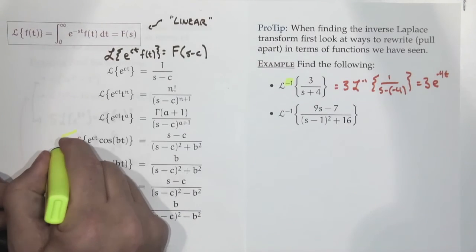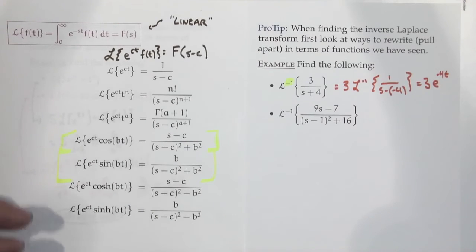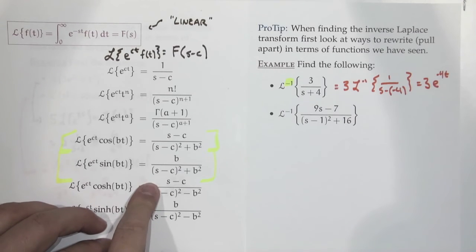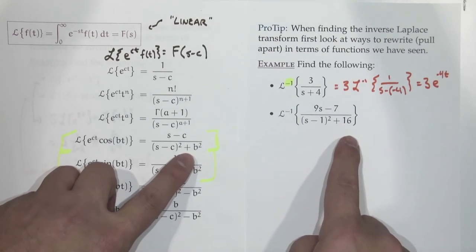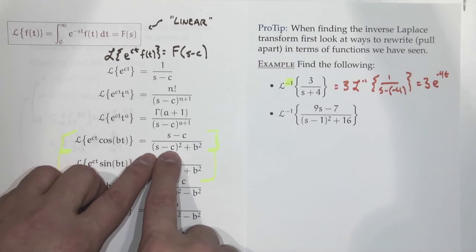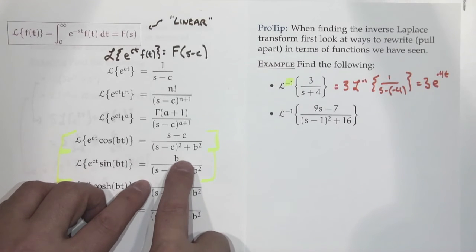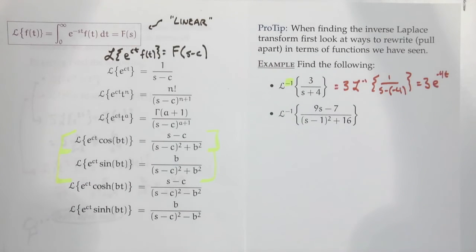A lot of you are eyeing this one, right? But you guys are neighbors, so I'll keep my eye on you as well. So what do we need to do? Remember, our goal is to make it look like something. Downstairs, we have our s minus 1 squared. That's cool. 16, that's 4 squared. If I have an s minus 1 squared downstairs, I either want a constant upstairs or an s minus 1 upstairs. We have an s upstairs, so let's put on our s minus 1 hats.